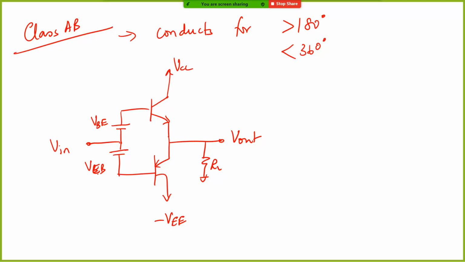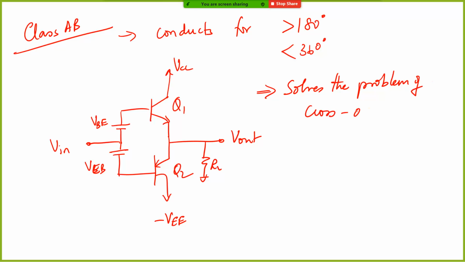Same thing for the PNP transistor. Both Q1 and Q2 are put at the cut-in voltage, or just at the threshold of turning on. But of course we know that even before this cut-in voltage, a small amount of current is flowing, and when the signal comes, it conducts. This is what is called a class AB amplifier, and this solves the problem of crossover distortion.